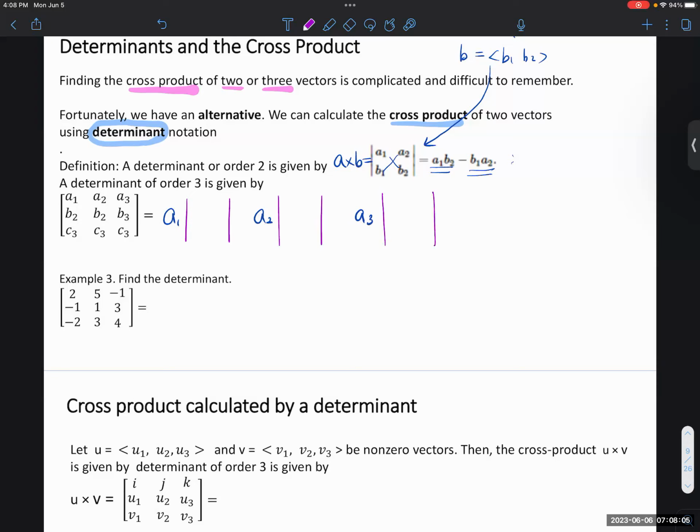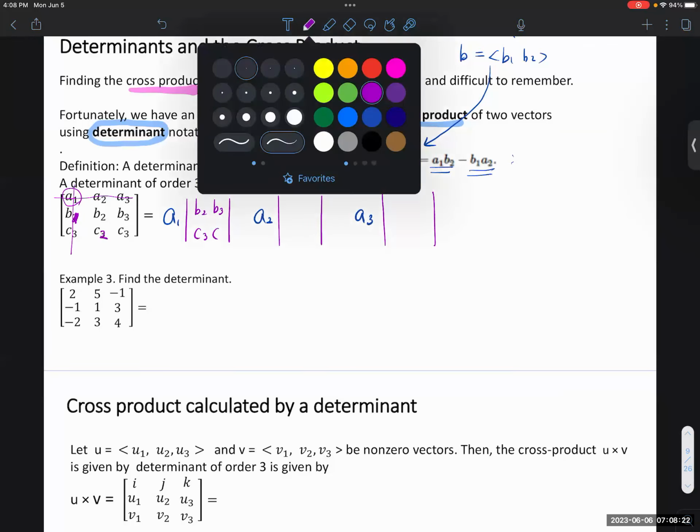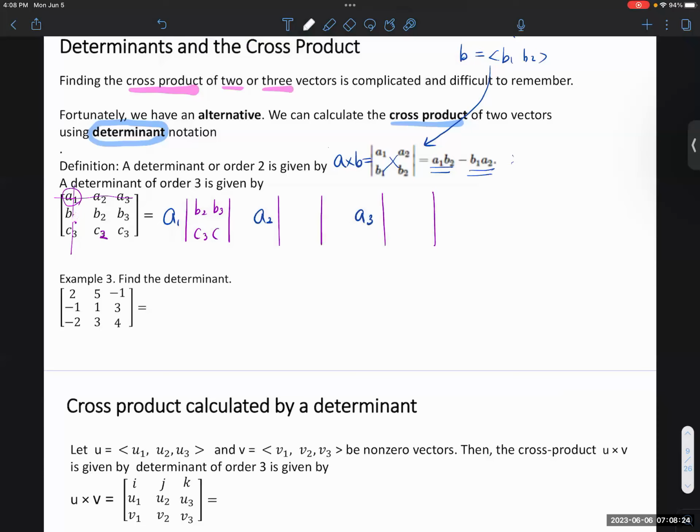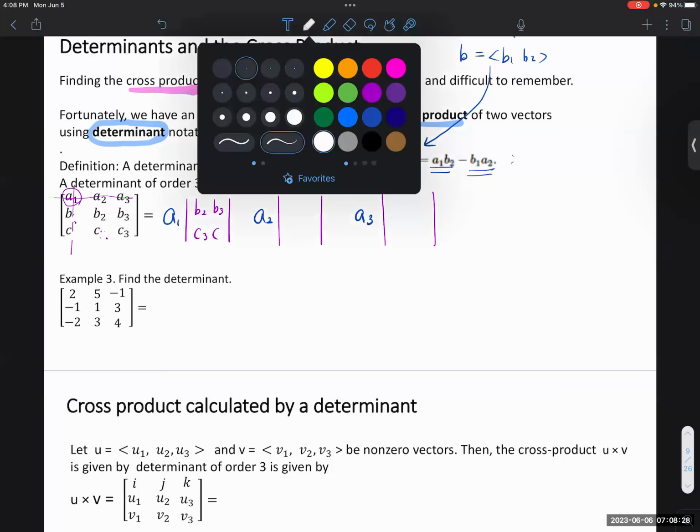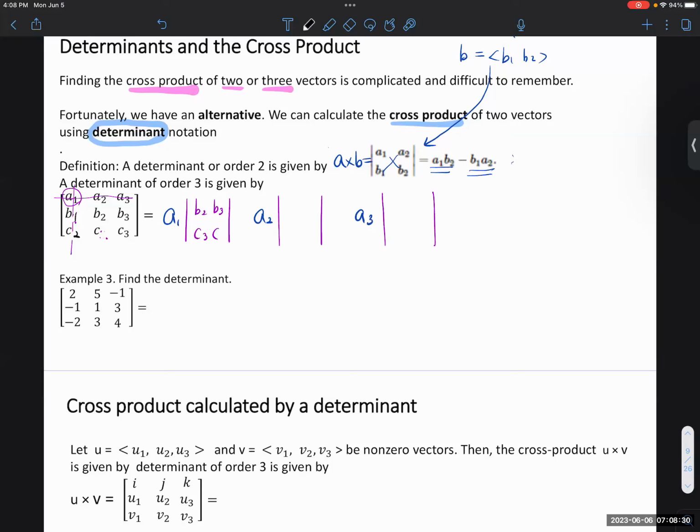If you choose A1, you're going to cross out its row and column, leaving B2, B3, C2, C3. Sorry, I made a mistake. So here, this is 1, this is 1, this is 2. So this one should be B2, B3, C2 and C3.